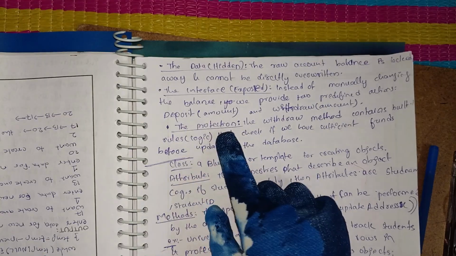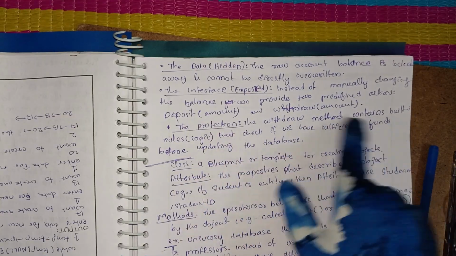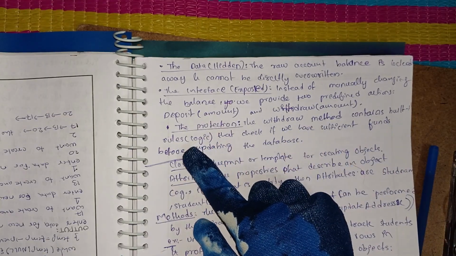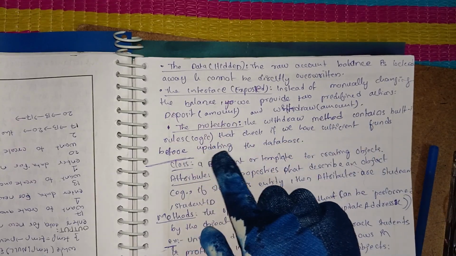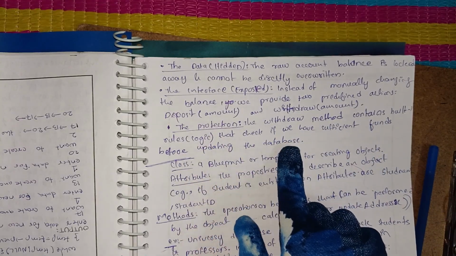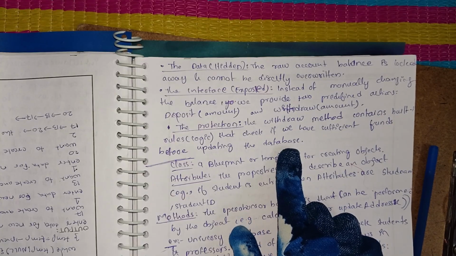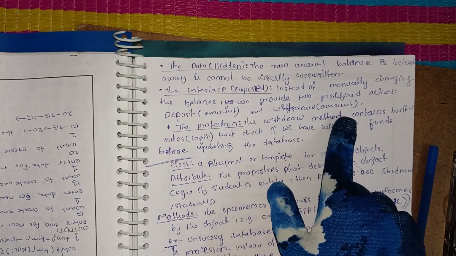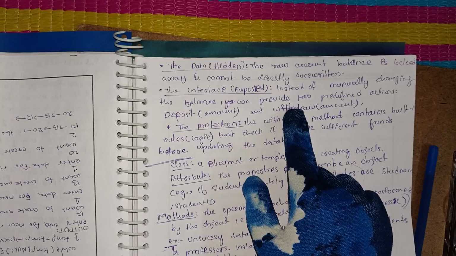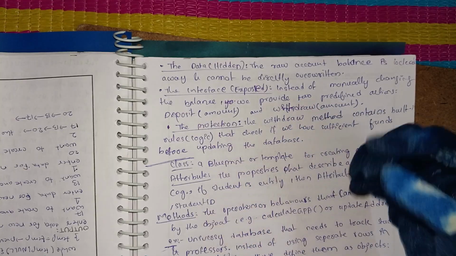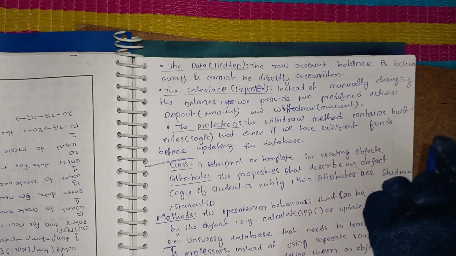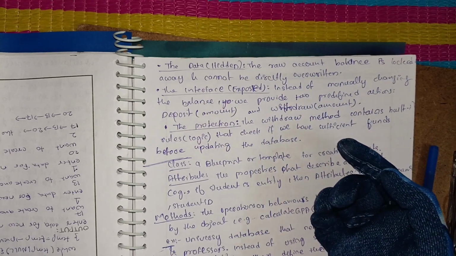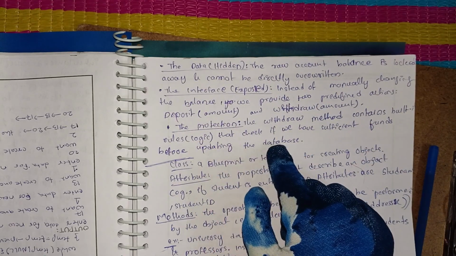Okay, and the protection. The withdraw method contains built-in rules logic that checks if we have sufficient funds before updating the database. Okay, for updating means here updating the bank account.